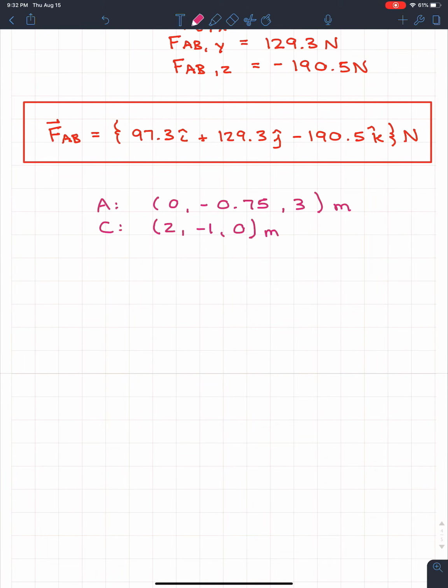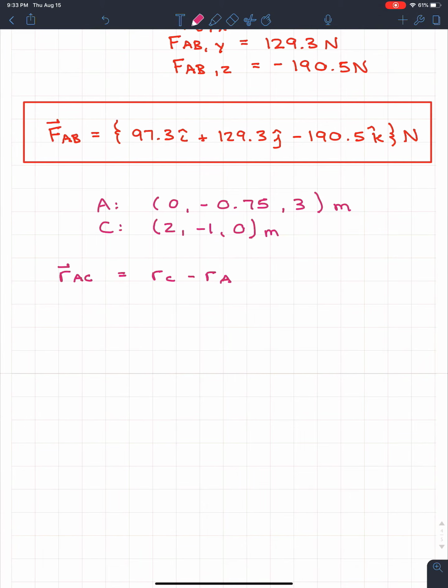So we want the position vector from A to C. Remember, it's not coordinate A minus coordinate C. It's the opposite. It's our final coordinate, so RC minus RA. I'm actually really liking this color. I have to use it for future ones. Now, back to the point.